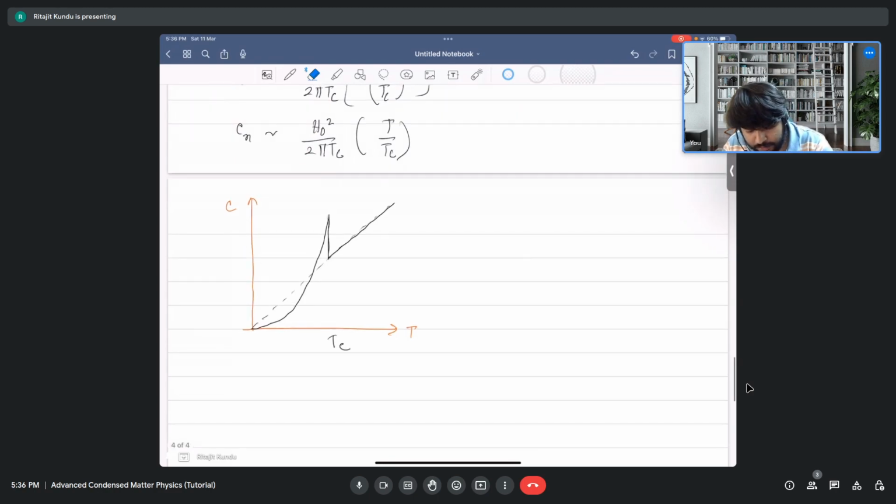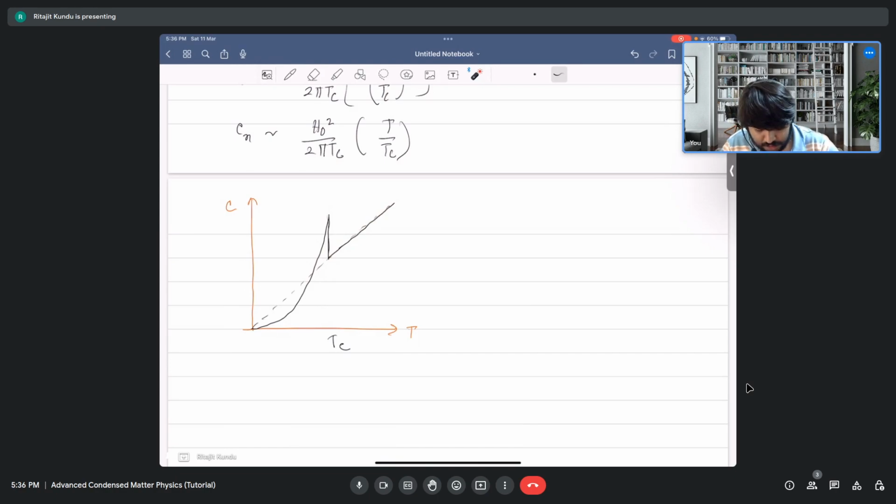So you see that below the Tc, the CV is actually even smaller than the normal case, and as soon as you reach the Tc, the phase transition point, it peaks up and then it follows a normal metallic path, right? So physically, how do you understand that?